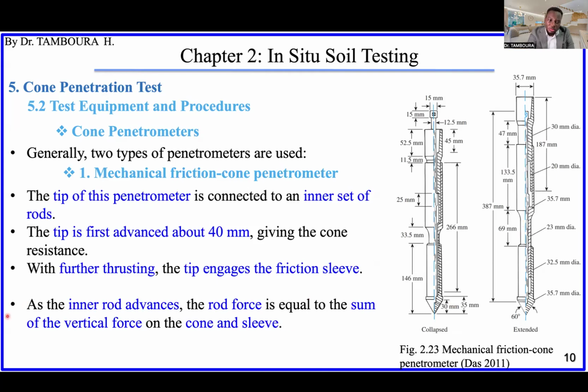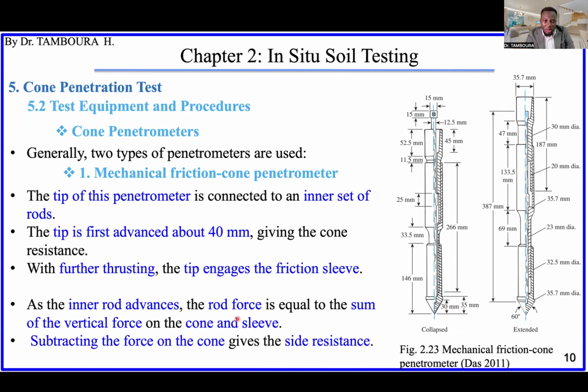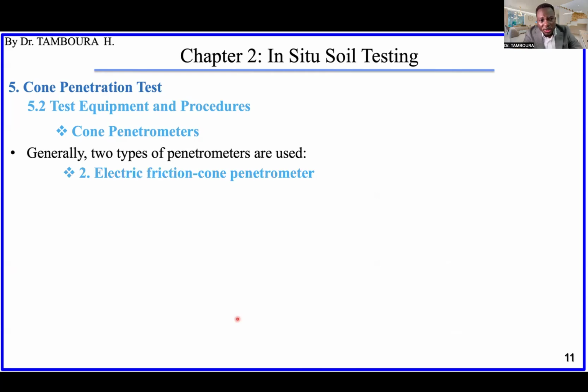The vertical force is for the cone and the sleeve, the sum of these two, the total force. Then if you subtract the force on the cone, you can obtain the side friction resistance.